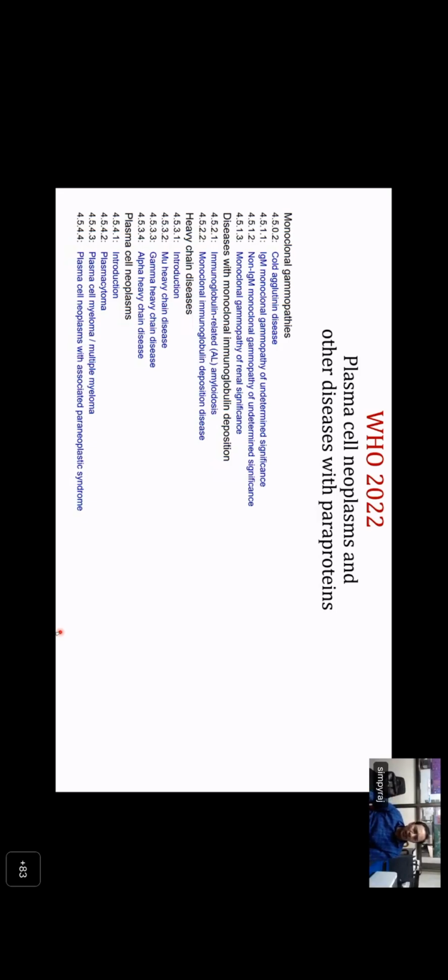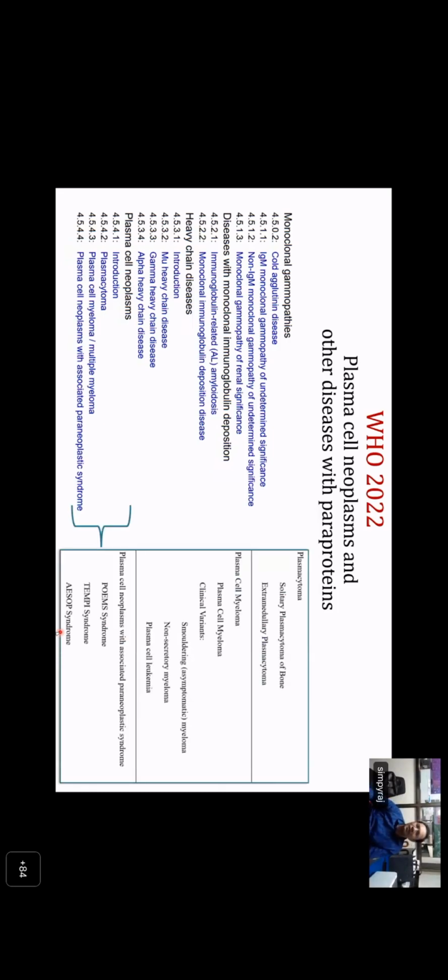Earlier, monoclonal gammopathy of IgM, non-IgM, and monoclonal gammopathy of renal significance were classified under plasma cell neoplasm, but now there is a different class of monoclonal gammopathies described under that classification.